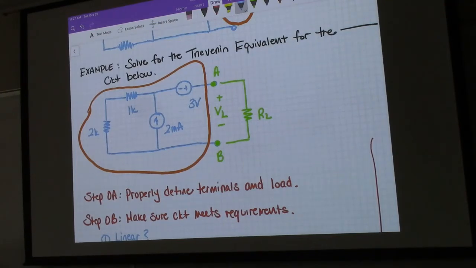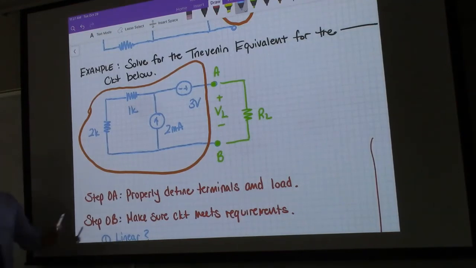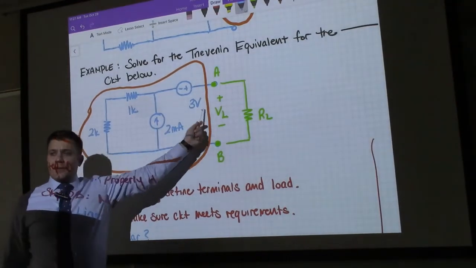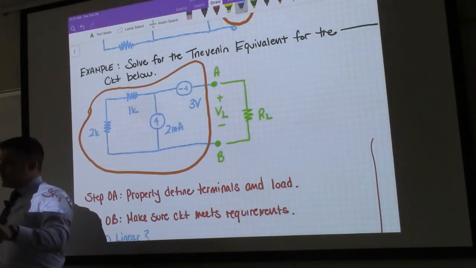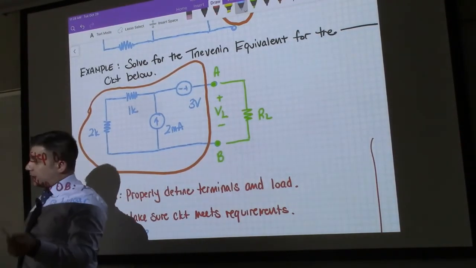The other thing we have to be mindful of is if there are dependent sources, those relationships should also be linear. What that means is that if this voltage were dependent, 2 times Vx is fine, 1/2 Vx is fine, 1/2 Ix is fine. Ix squared is not okay.